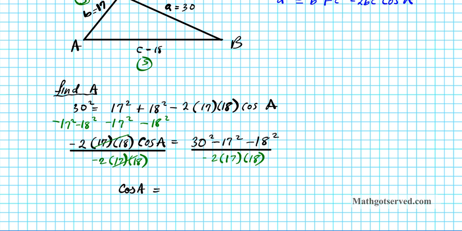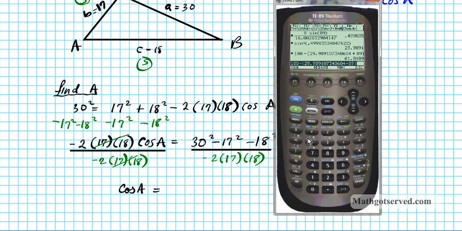Let's evaluate what that expression is with our calculators. So we're going to have parentheses. Don't forget to group your numerator in parentheses. 30 squared minus 17 squared minus 18 squared, divided by negative 2 times 17 times 18.